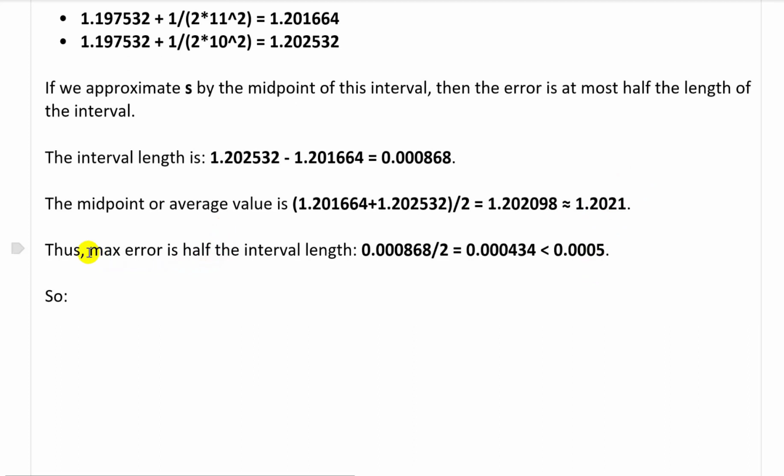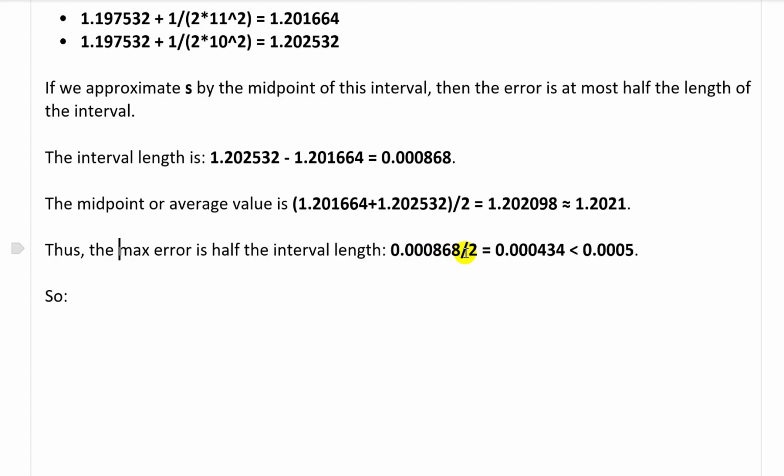Thus the max error is half the interval length. So we just divide this by 2: 0.000868 divided by 2 equals 0.000434.